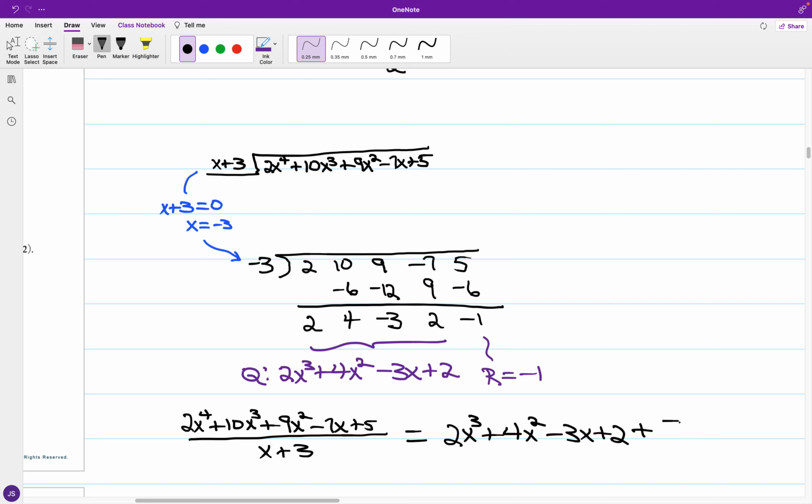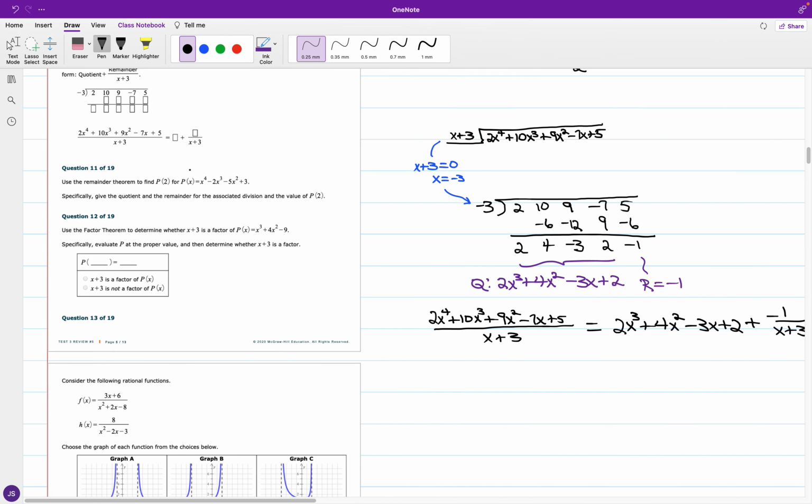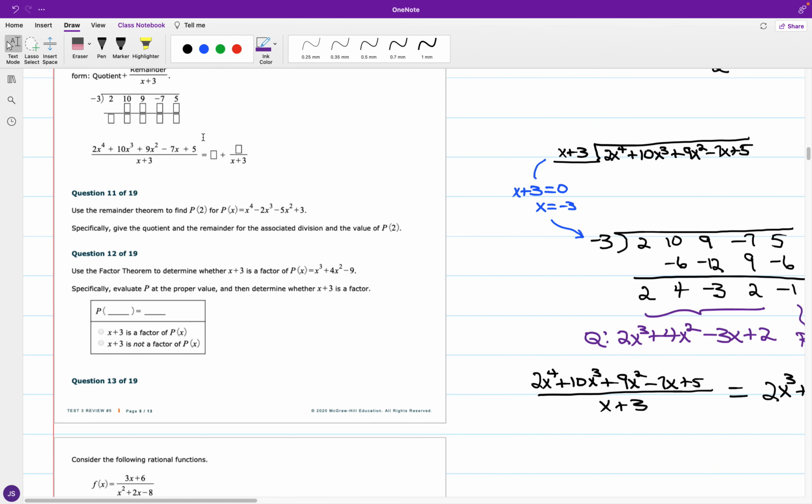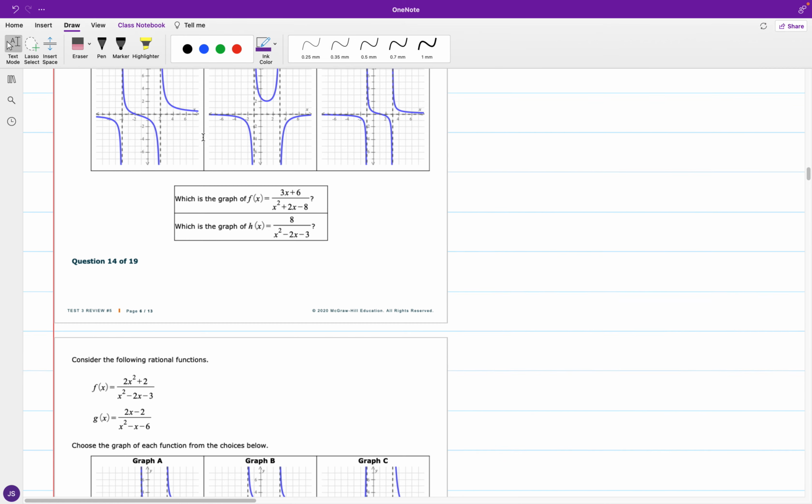So that's going to be plus negative 1 all over x plus 3. Okay, so you got the 4-term expression applied to the first square, negative 1 for the second in the full display. All right, now in the case of what we have regarding the remainder theorem.